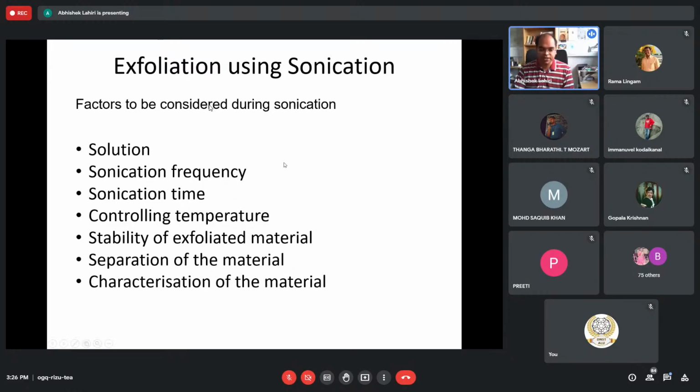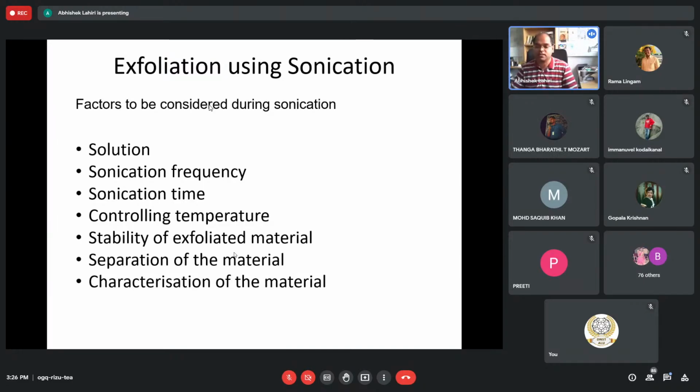Now, another issue with sonication is that you produce these materials in a solution, whether it's water, an organic solvent or an ionic liquid, and you will have to separate these materials for a particular use. So you should know how you separate these materials. Simple filtration and centrifugation are some of the ways to separate.